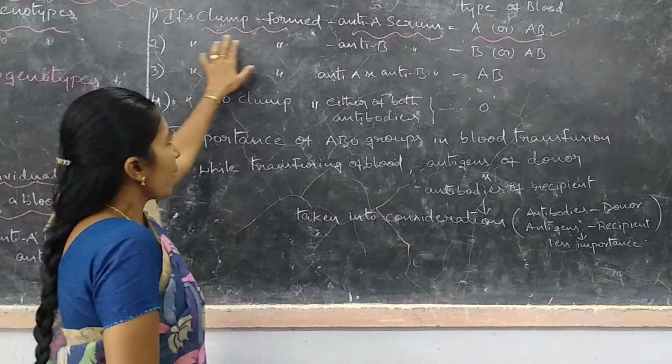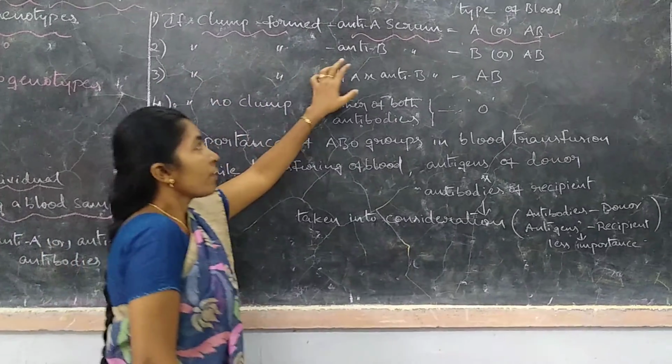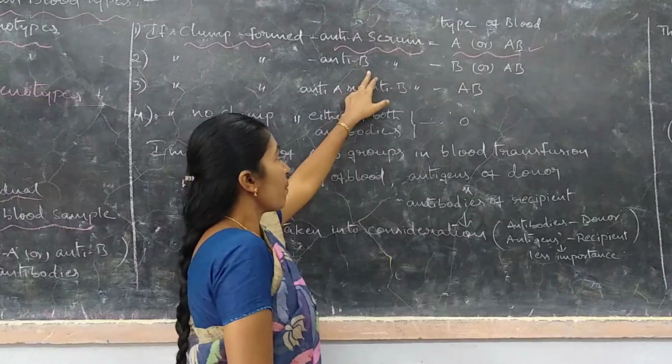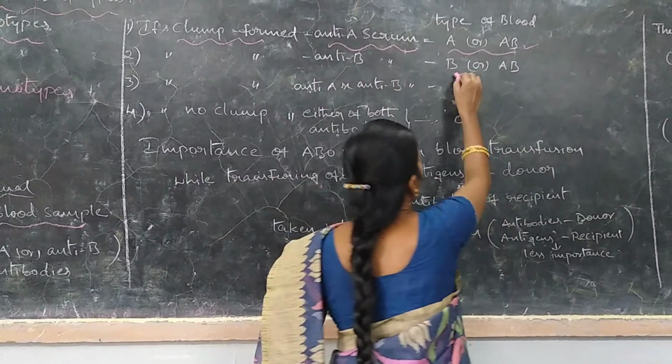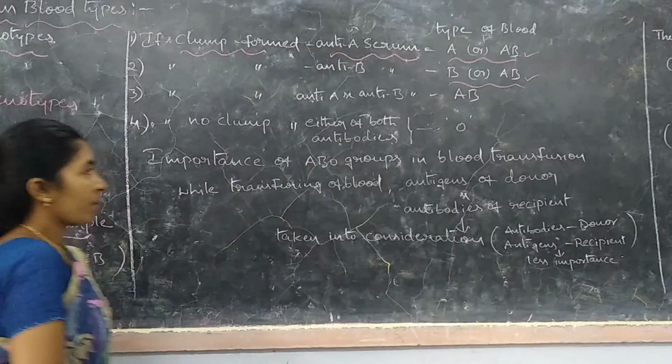Then, if a clump is formed with anti-B serum, that means mixing with anti-B serum and observing a clump indicates B or AB blood group. If a clump is observed when mixing with both anti-A and anti-B serum, that indicates AB blood group.